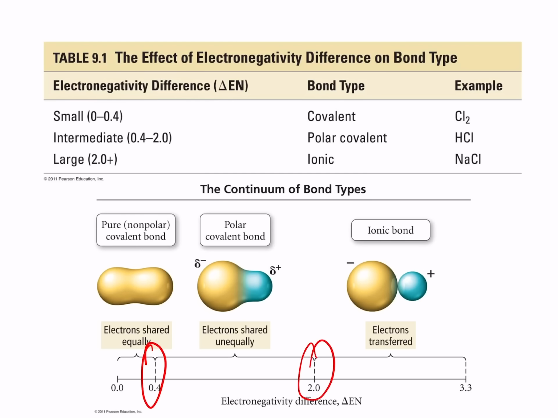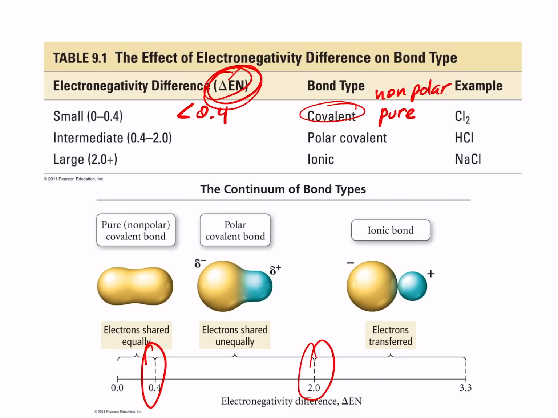So let's say if the difference in electronegativity is less than 0.4, then you have a covalent bond, or let's say a pure covalent bond, or simply put, nonpolar.